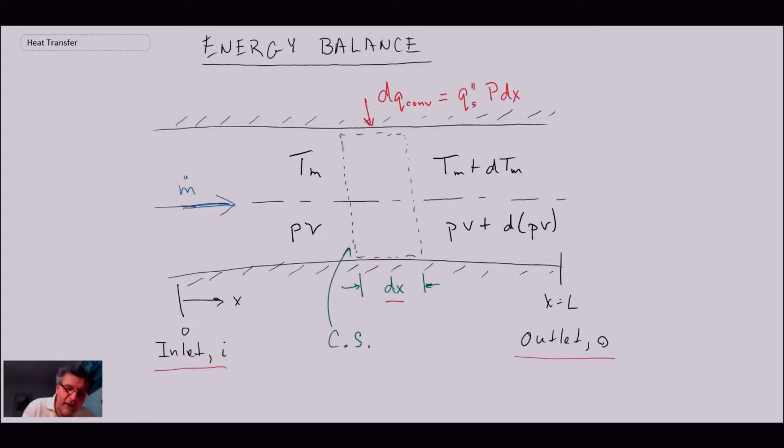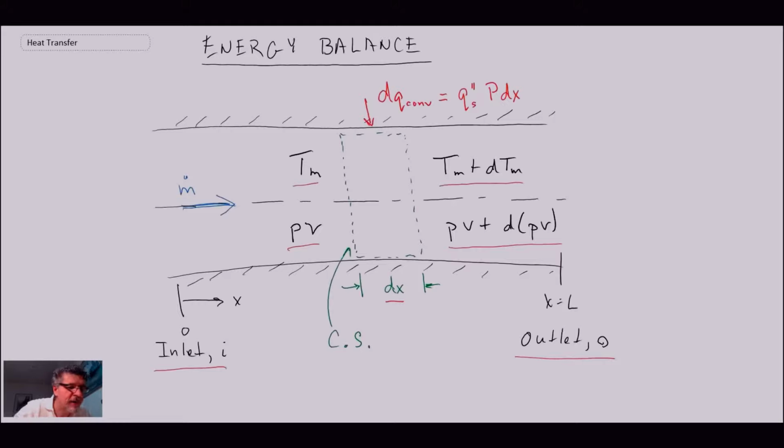So we have fluid coming in at a bulk temperature Tm and leaving at a different temperature. So it's either becoming hotter or cooler, but there is a dTm. And then we also have the pressure multiplied by nu. That is the specific volume. And then on exit, we have the pressure times specific volume plus the differential change of the PV term.